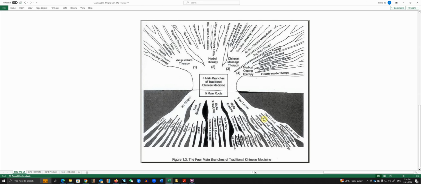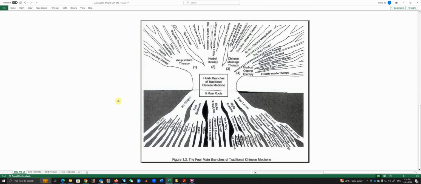So let me start with this infographic that I found in year one, and I didn't appreciate how complete or how well it summarizes Chinese medicine until now, after doing the two subjects. On the top, it lists the main Chinese medicine treatment therapies, even though we don't cover all of them within a bachelor's course.